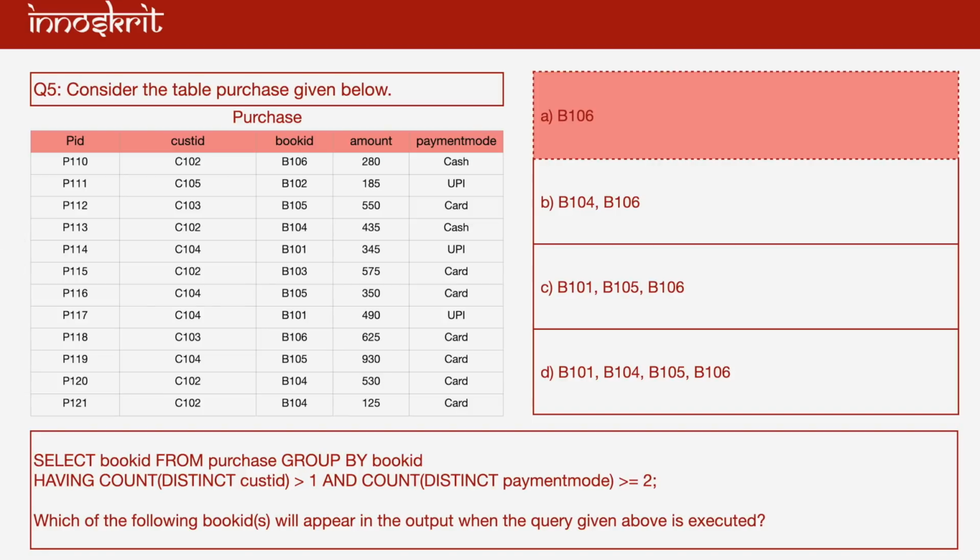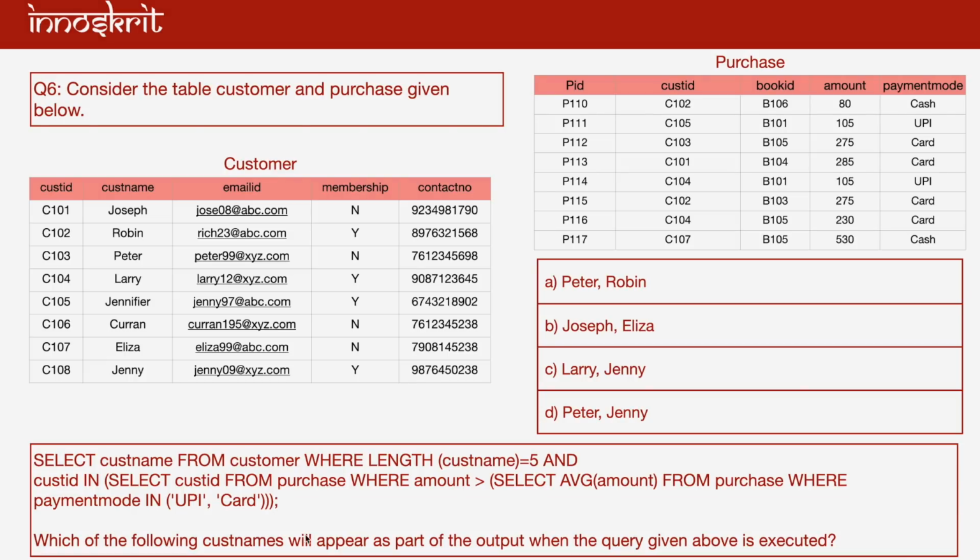Okay, so the next question. First of all, we are going to find the select average amount from the purchase table where payment mode is in UPI or card. So I am going to calculate the average amount from the purchase table where payment is UPI or card.